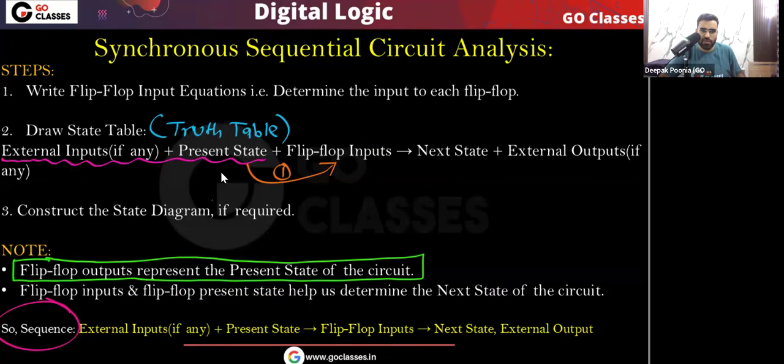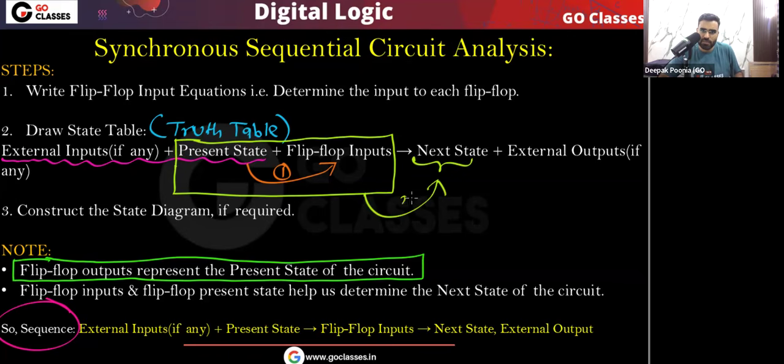The second computation will be that with the help of present state and flip-flop inputs, we will find the next state. This is going to be our second computation.